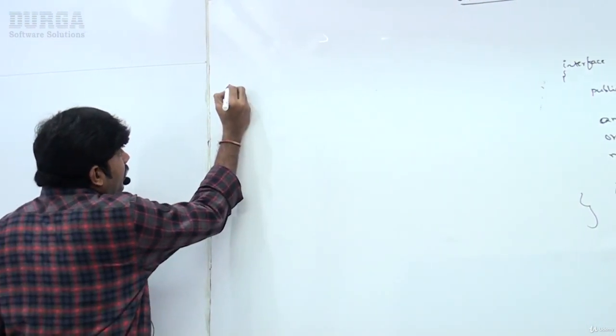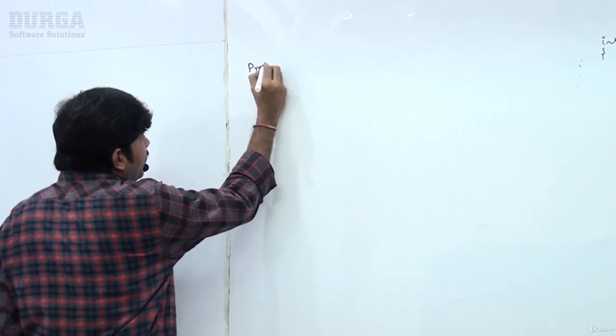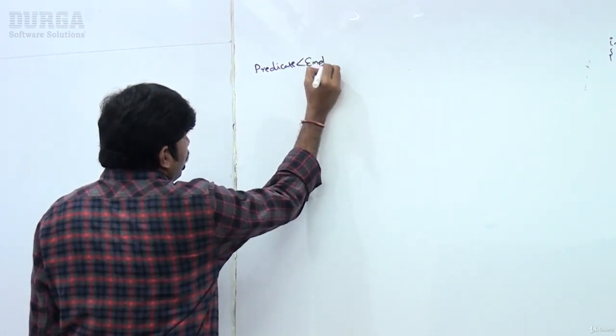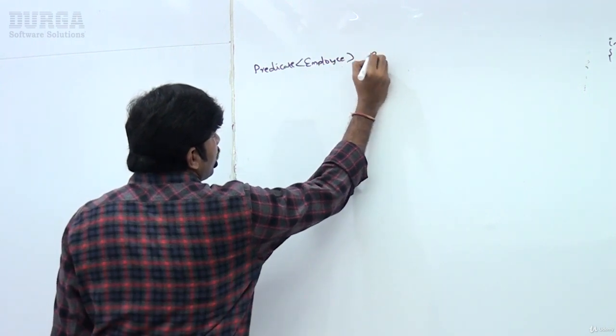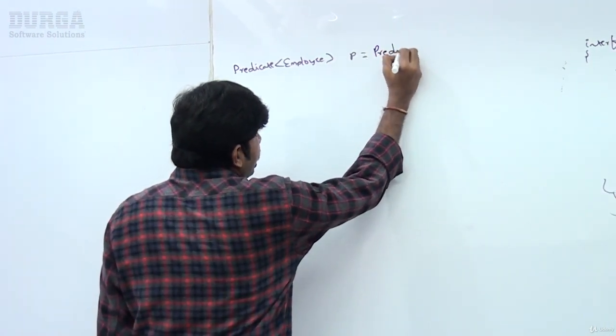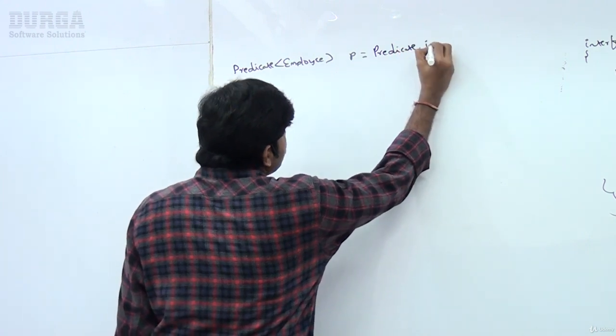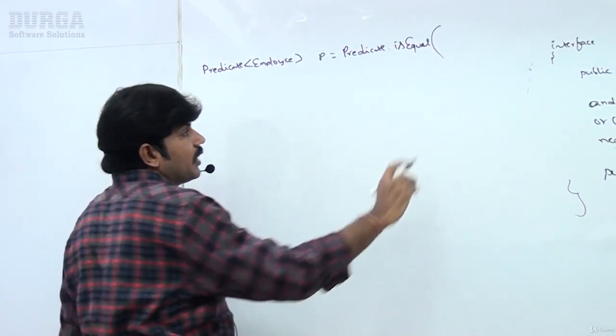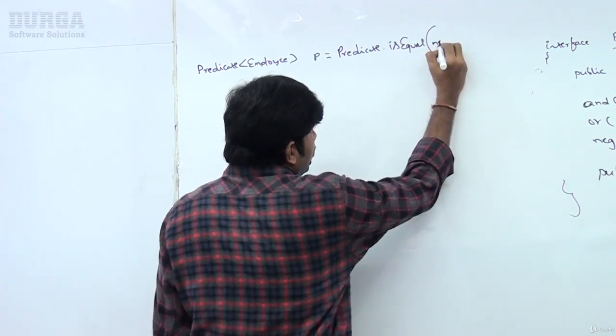Here I am taking Predicate of Employee, P is equal to Predicate.isEqual. I have a CEO employee, sir.